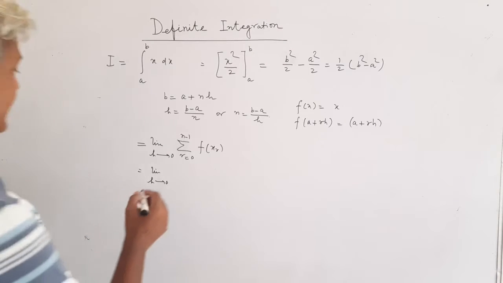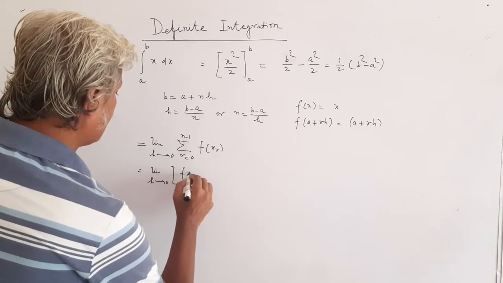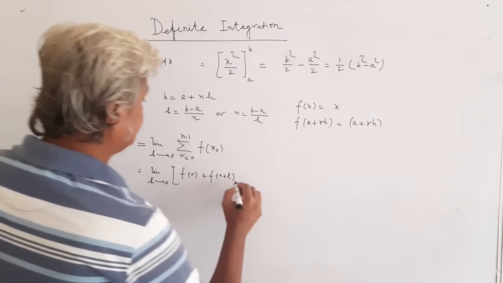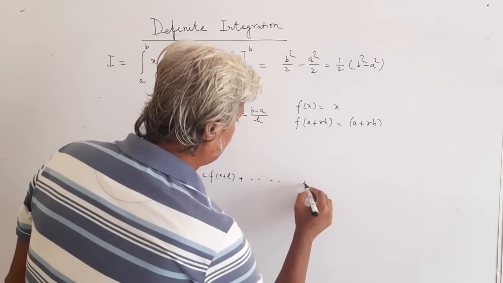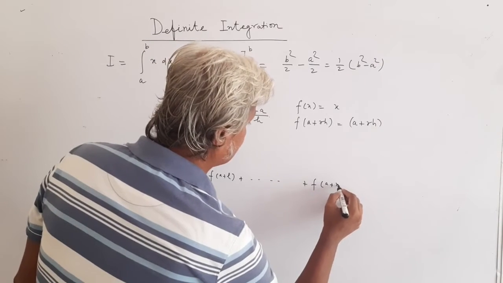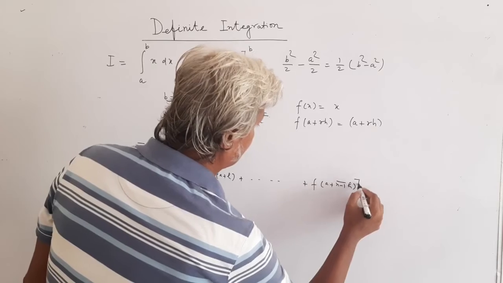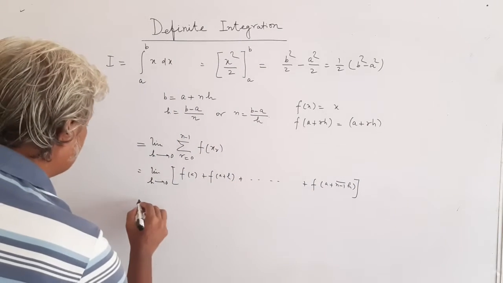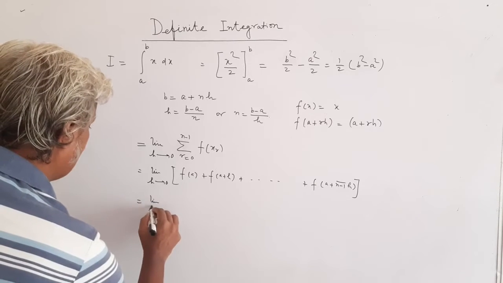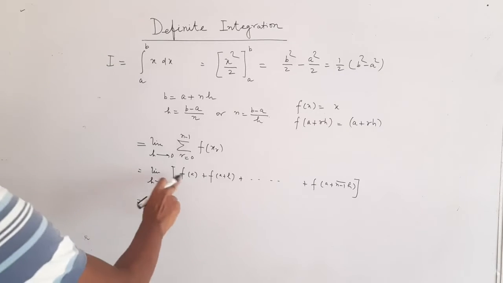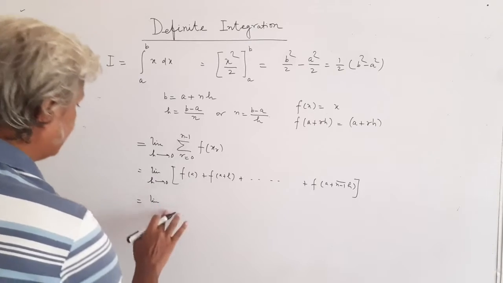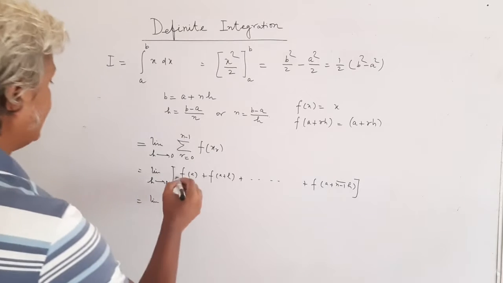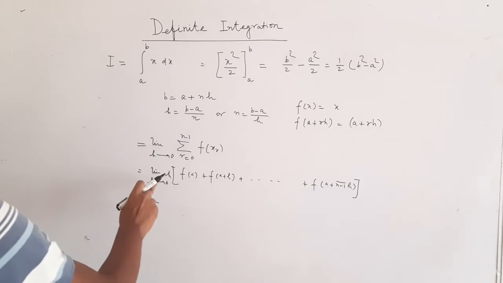We have fa plus fa plus h plus dot dot dot plus fa plus n minus 1 h. This way also you can do. Both are the same forms, only there is a little difference in the writing. Now limit h tends to 0. If I write limit n tends to infinity, in place of h we write b minus a by n, and there is h also written there.